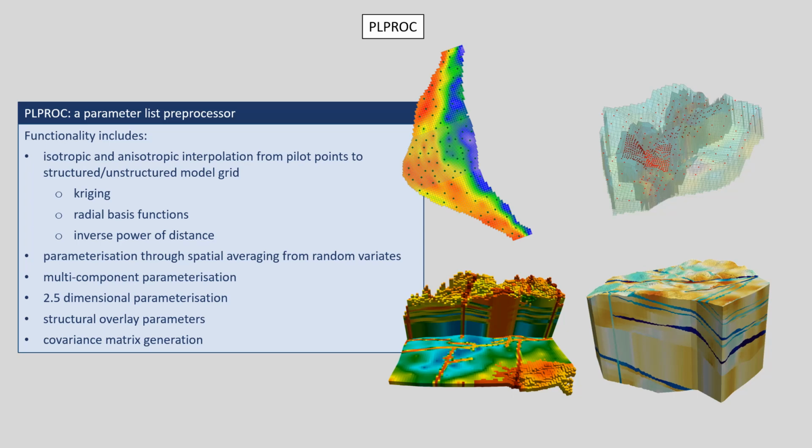It can write input files for complex structured or unstructured gridded models. And it can handle things like structural overlay parameters, which have got nothing to do with pilot points. The focus of our interest here is generation of a covariance matrix. So let's have a quick look at how we can use plproc to build a covariance matrix.